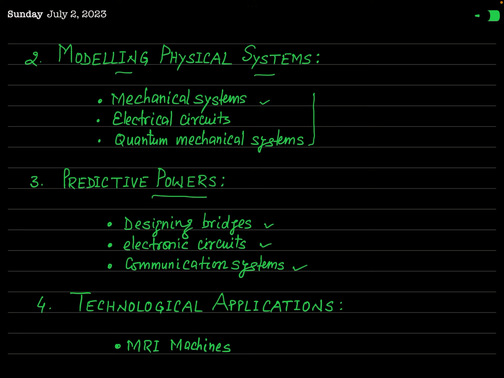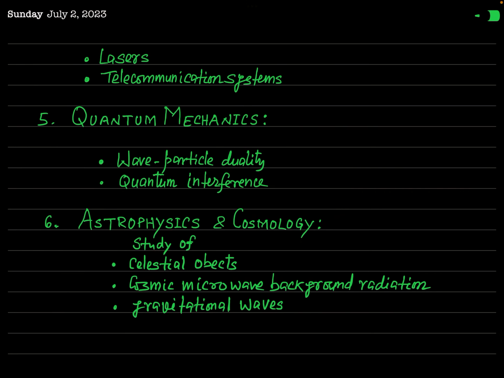For example, understanding the wave behavior is crucial for developing technologies like MRI machines, lasers, telecommunication systems. So, in fact, these are the important technical applications of the study of waves and oscillations. Okay.